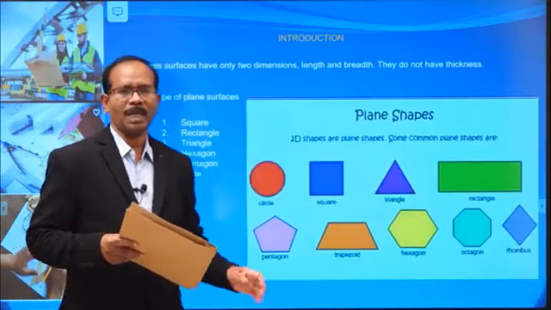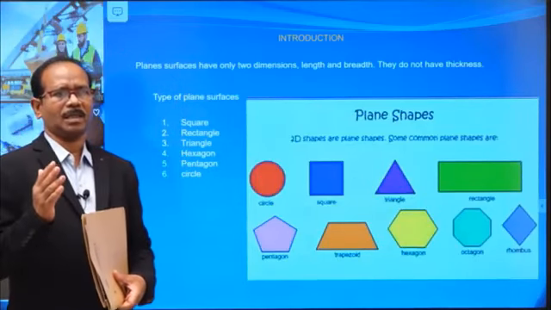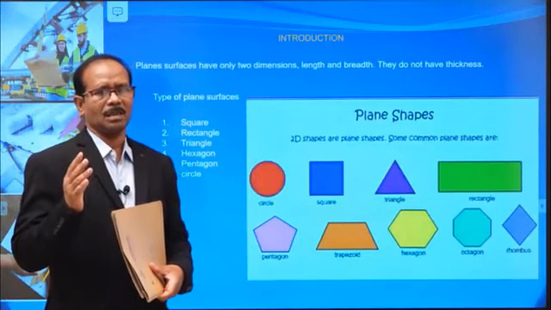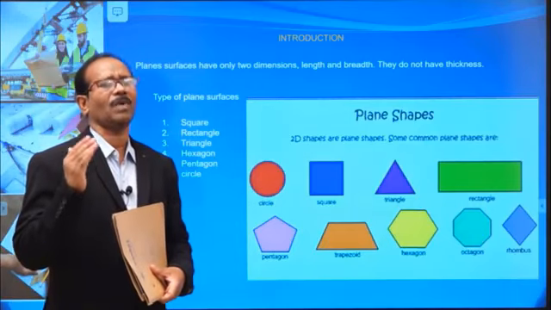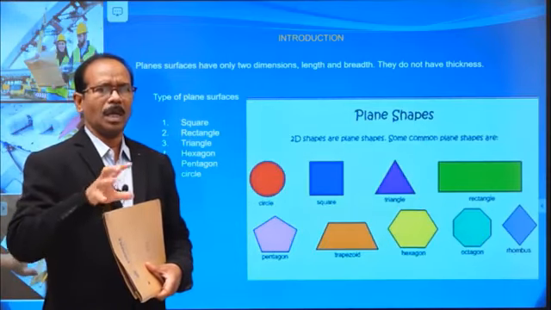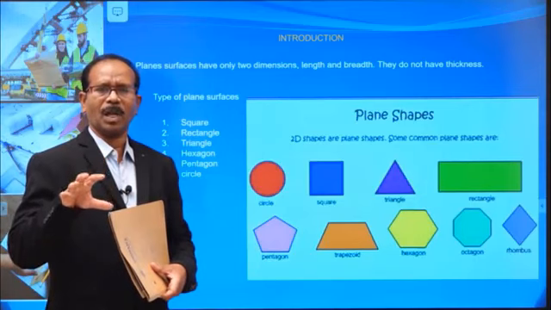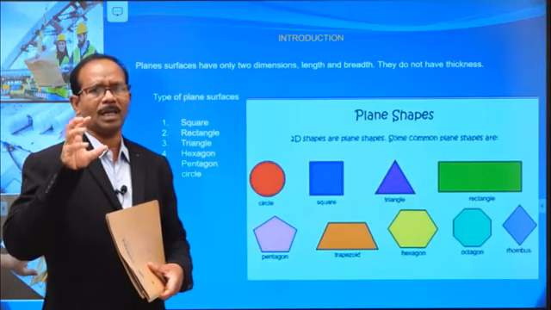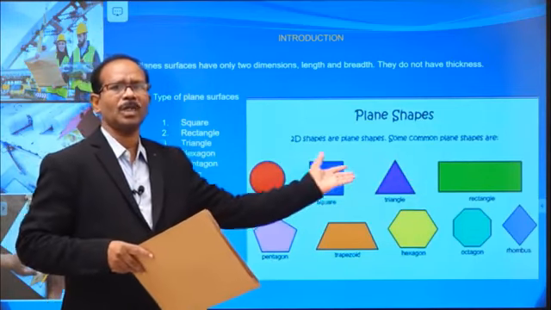Let's observe the types of planes. For a plane object, all constructions follow one shape. Take an example of any object; it should be a shape, and all of them come to this group.